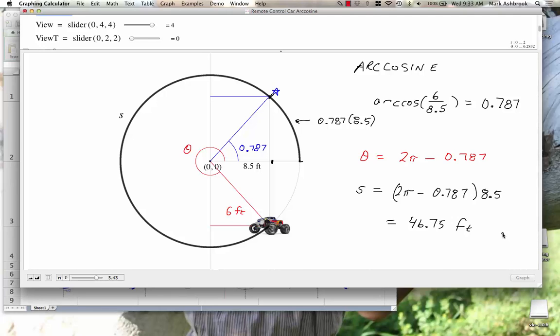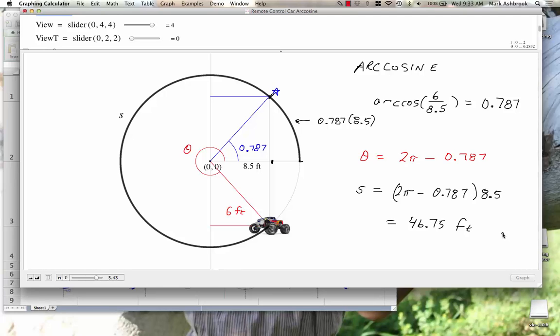Say same situation, but the truck stops 7 feet to the left of the vertical diameter for the second time. So it starts at the 3 pi position, and it stops when it reaches 7 feet to the left of the vertical diameter for the second time.